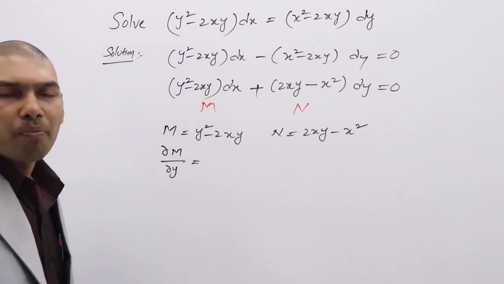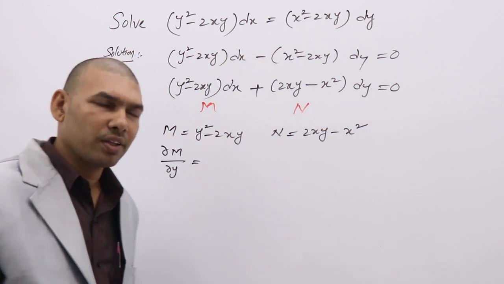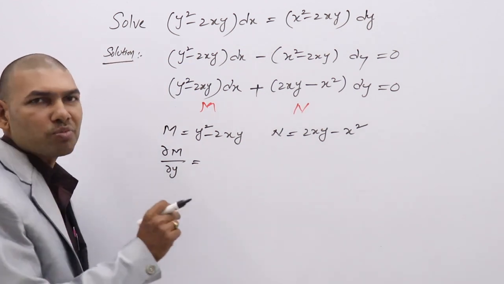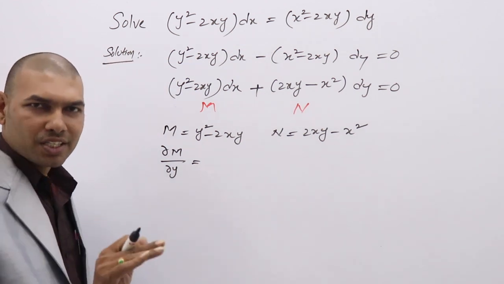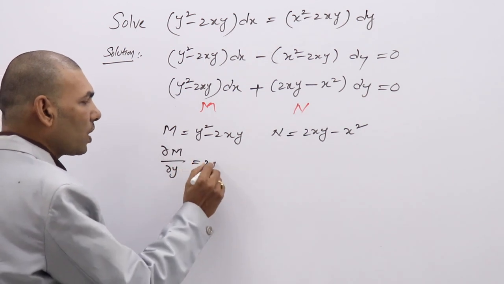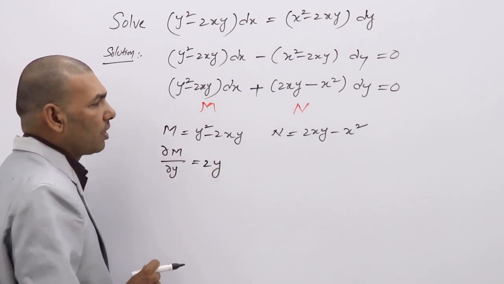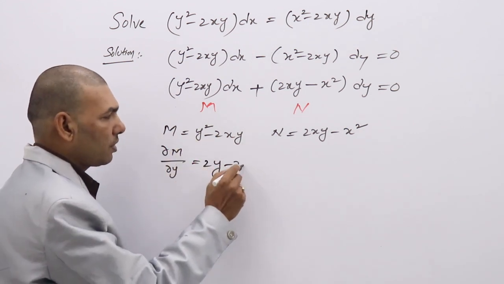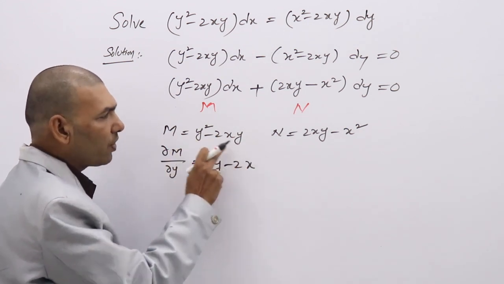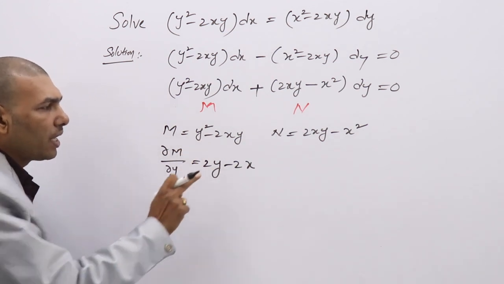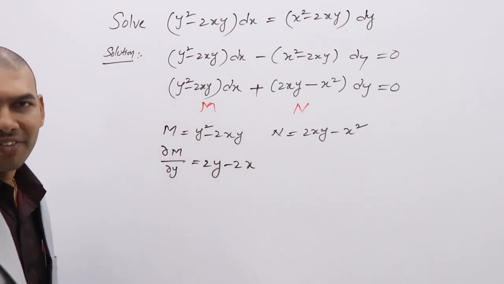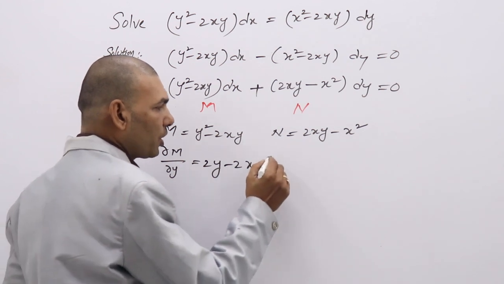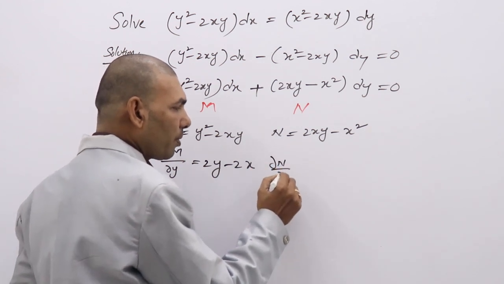Differentiate M partially with respect to y. That means differentiate y terms only, don't differentiate x. Differentiation of y square is 2y, keeping x constant, don't differentiate x. So coming to here, dou N by dou x.